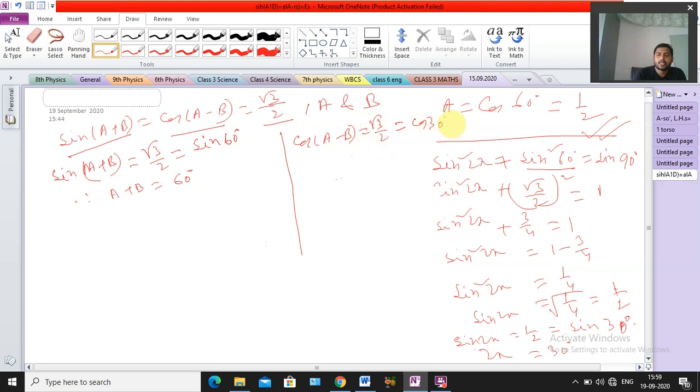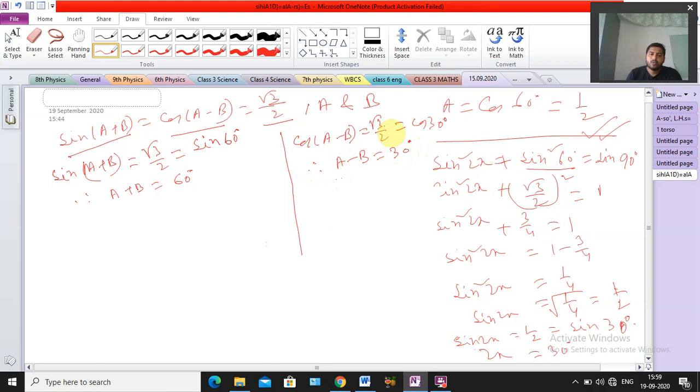So we can say directly a minus b equal to 30 degree. So a plus b equals 60 degree and a minus b equals 30 degree. Up to this, clear?